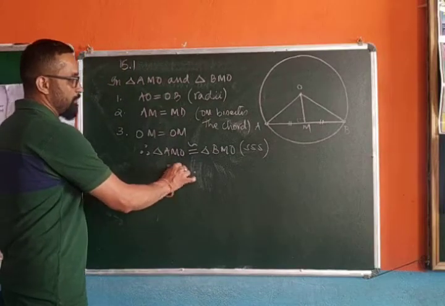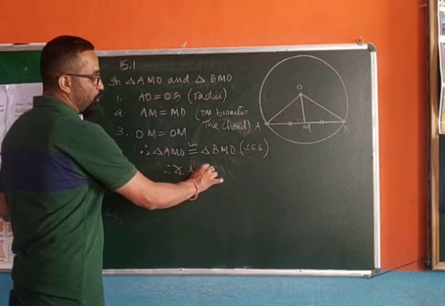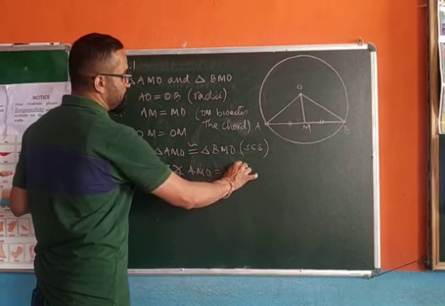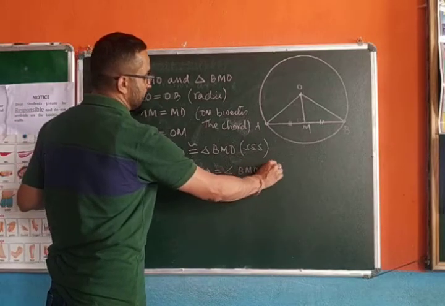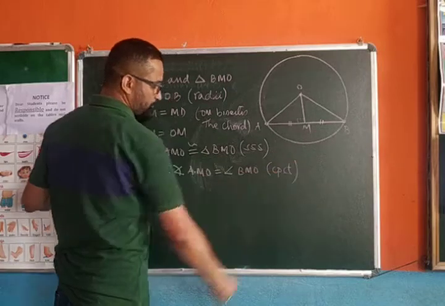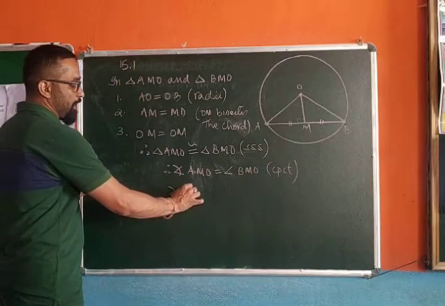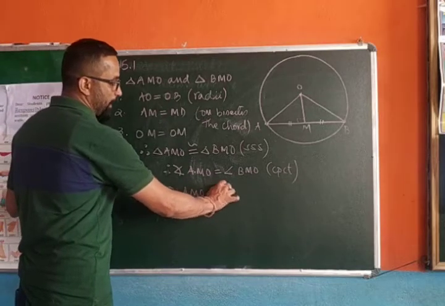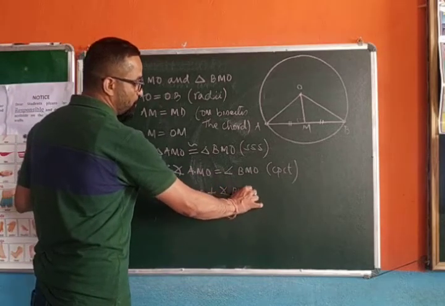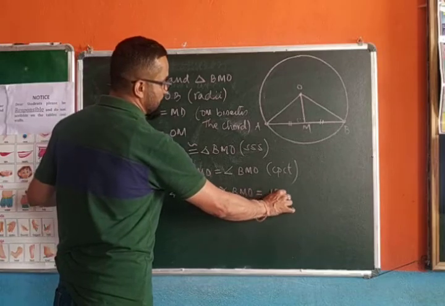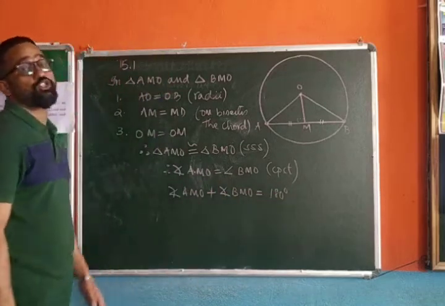Therefore, angle AMO is equal to angle BMO, CPCT. Once you prove this, then you write angle AMO plus angle BMO is equal to 180 degree. Angles on a straight line.